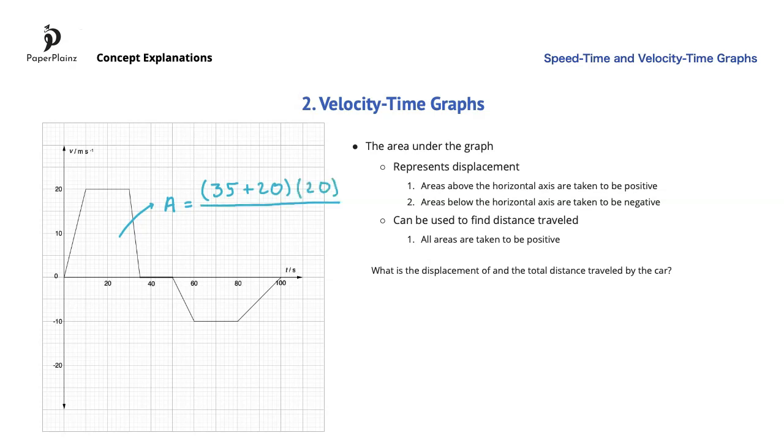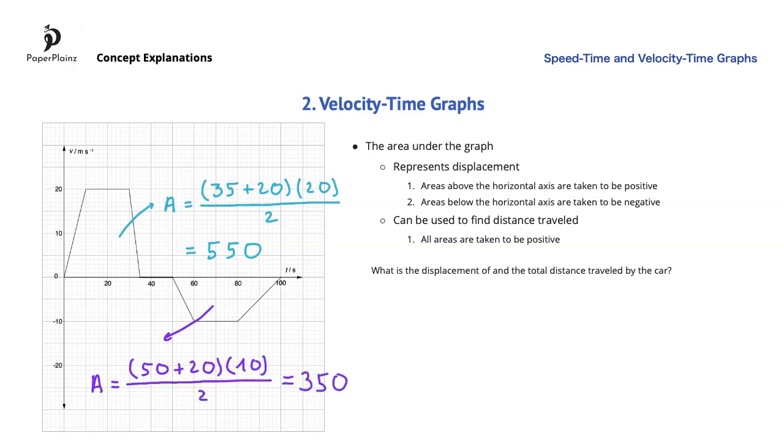This is then divided by 2, which gives us 550. The area of the second trapezium is the upper base, so the one on the time axis, which is 50, plus the lower base, so 20, multiplied by the height, which here is 10. This is divided by 2 and gives us 350.